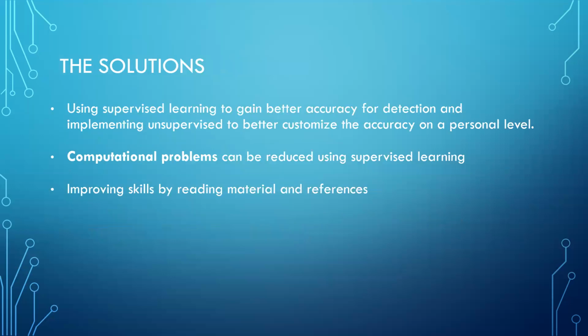So the solutions, we can use supervised learning to gain better accuracy for detection, and then use unsupervised to better personalize the system. The faces are not the same as I said, it's more of analog.